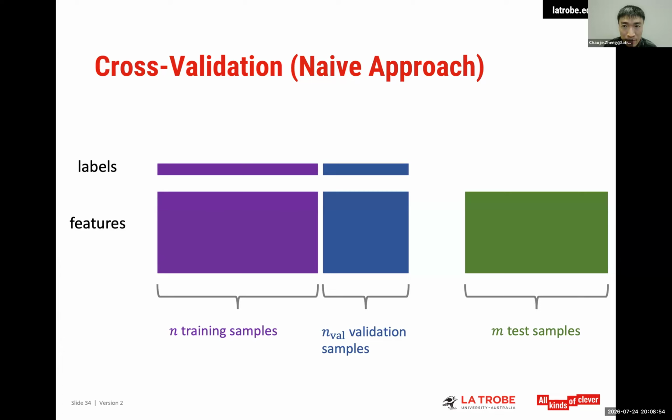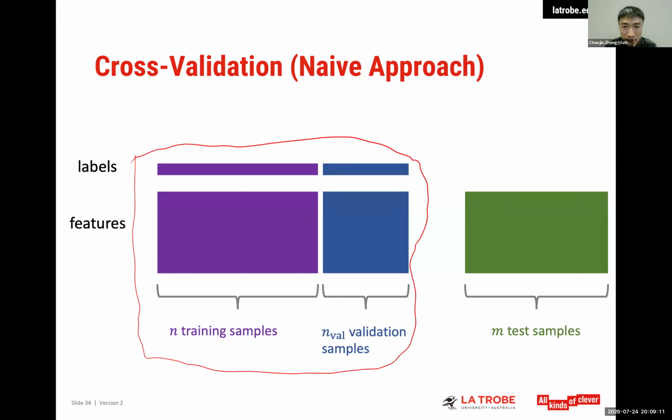To make the situation fair, we further split the training data set into training samples and validation samples. Previously, all these data samples were regarded as training samples, and this would be the testing data set. We don't want to do this one-time evaluation, so we want to introduce one more evaluation phase so that we can be more confident about the trained model.